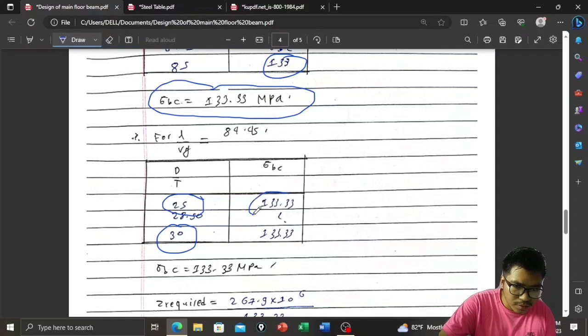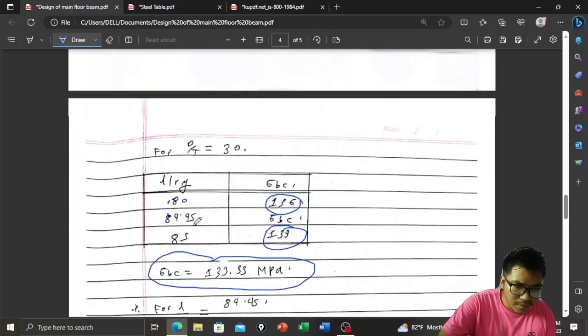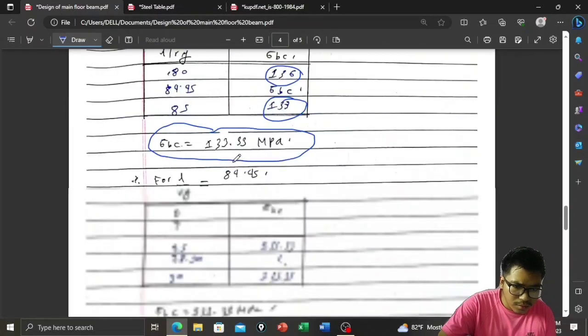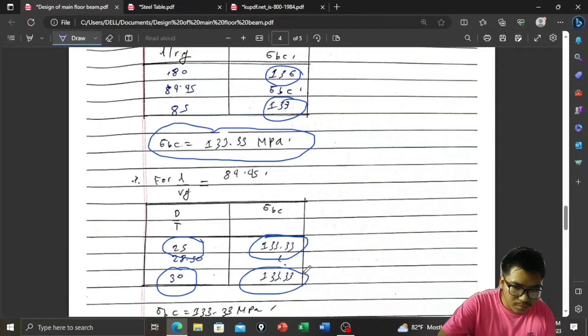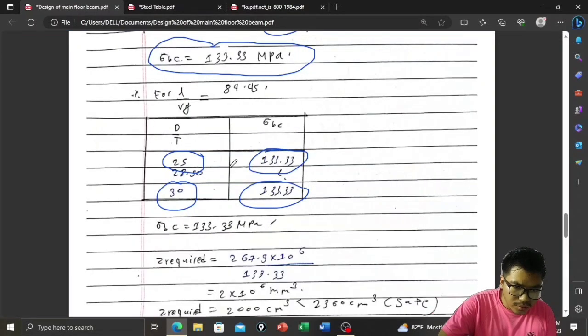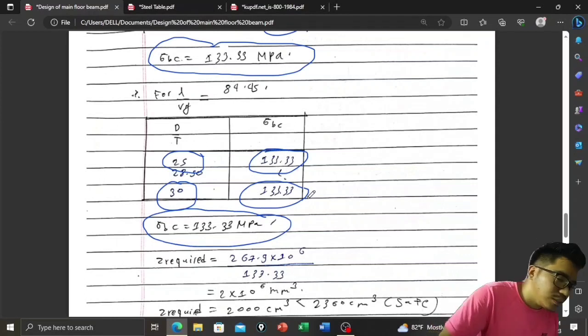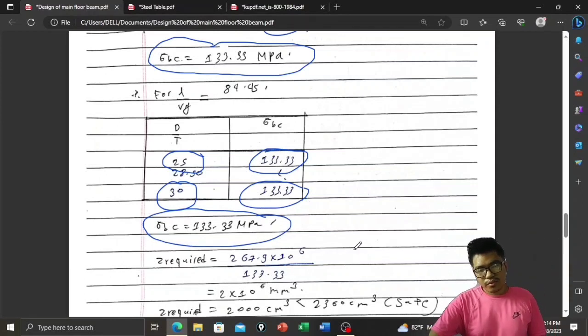When d by t is 30, sigma BC is 133.33. So the value 28.5 lies between this and this, so the value will also be 133.33 for common sense.